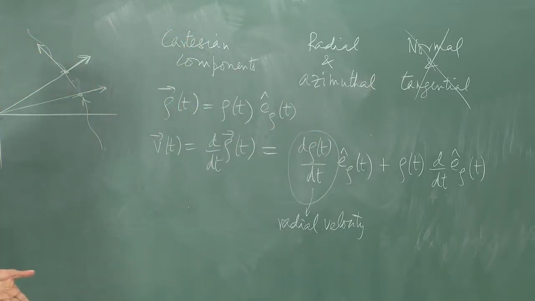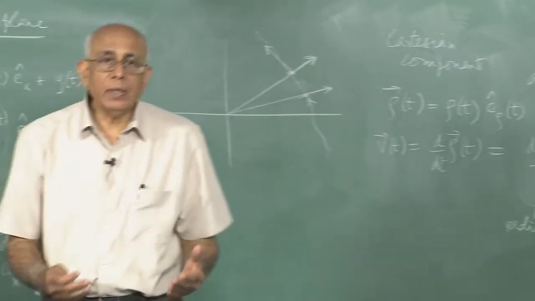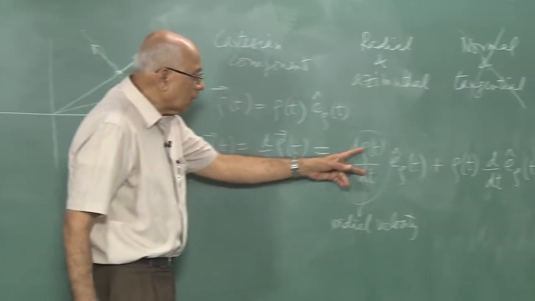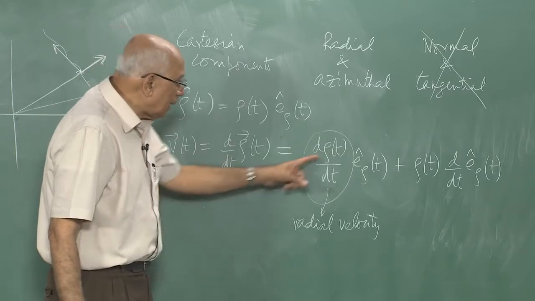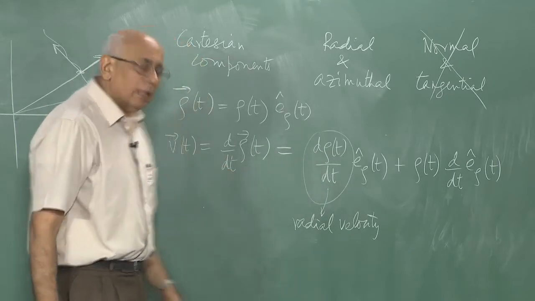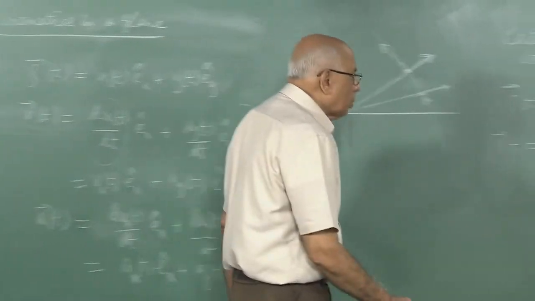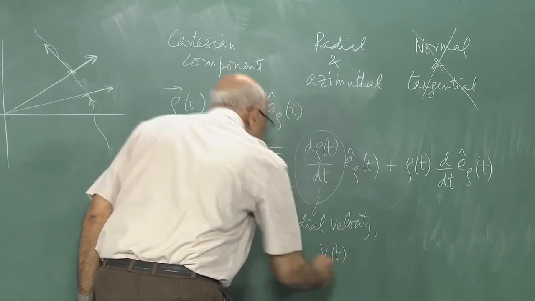It could be positive or negative. The distance could be increasing as a function of time or decreasing. Increasing would mean this is positive instantaneously, decreasing means it is negative instantaneously, but that is the radial velocity. And in analogy with what we have here, I should really call it v subscript rho of t.